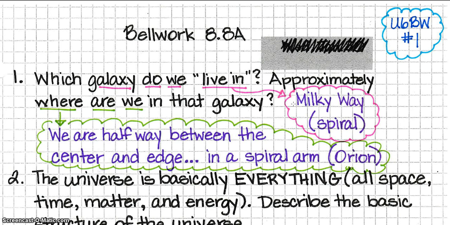Approximately where are we in that galaxy? Well, we're not in the very, very middle, so we're not in the center, but we're also not way out on the edge. We're kind of in between. So we're about halfway between the center and the edge. We're actually about 25,000 light years from the center of the galaxy. And we are located in one of the spiral arms, our solar system.